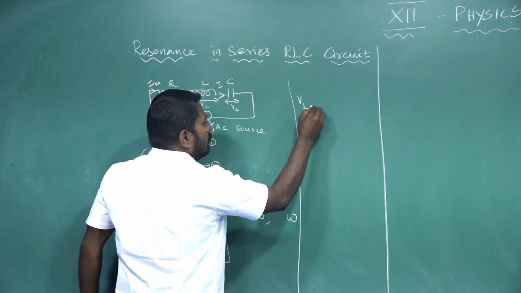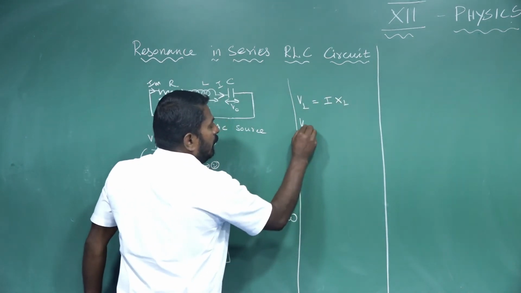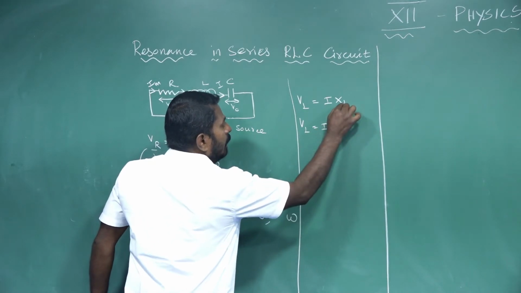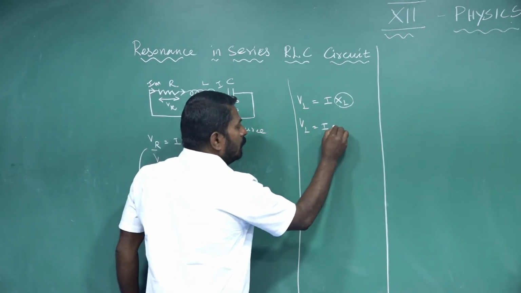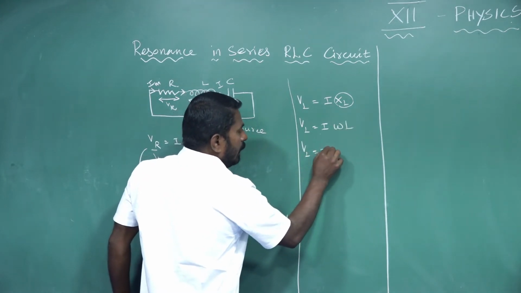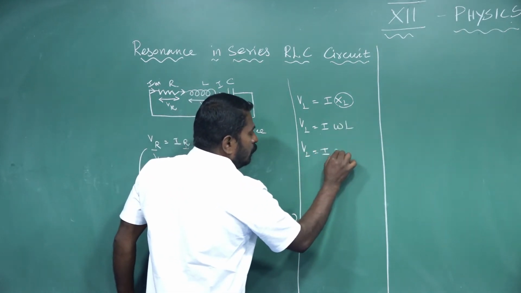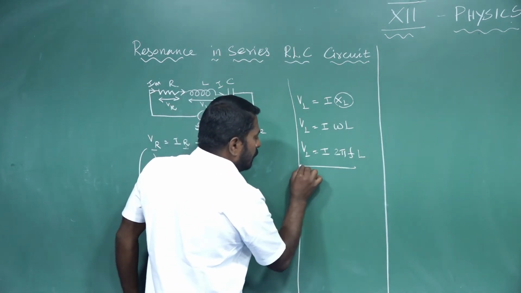Then come to the next one. The voltage drop across the inductor is equal to I into XL. VL is equal to I into XL, where the inductive reactance is equal to omega L. So VL is equal to I into 2 pi F into L. See this equation.